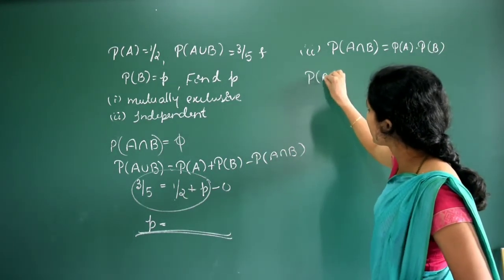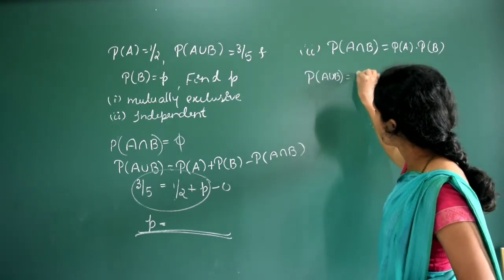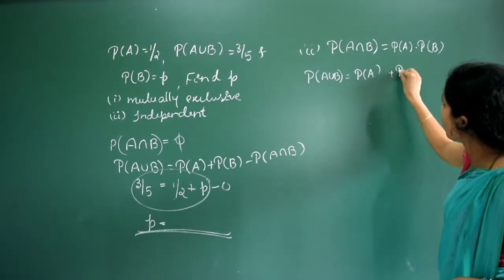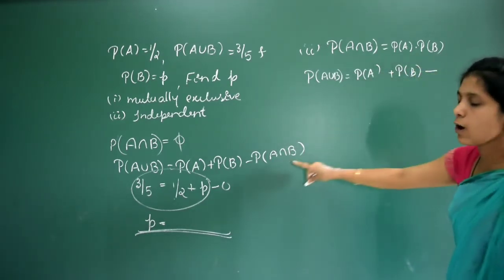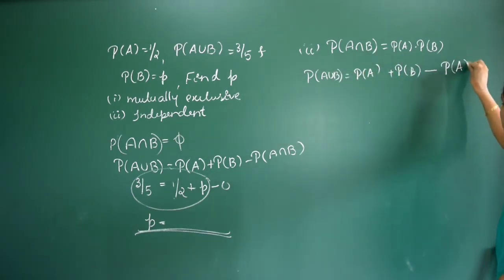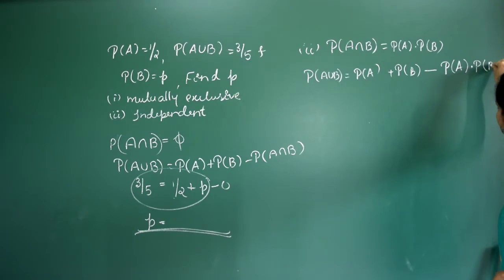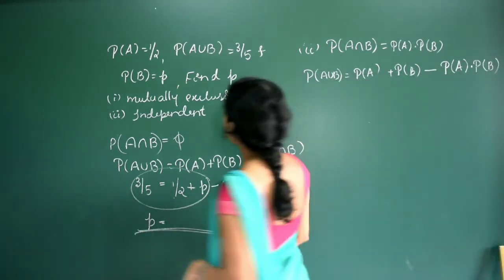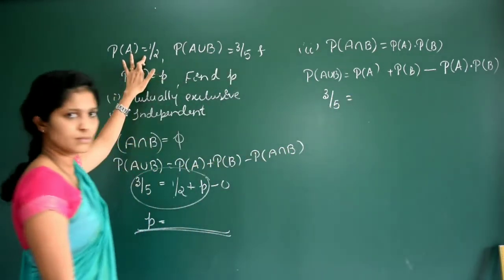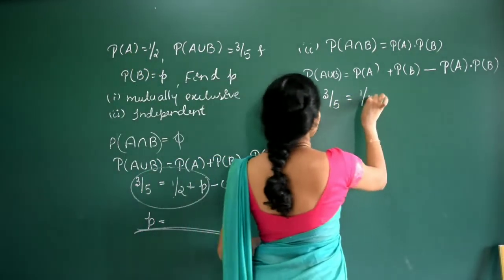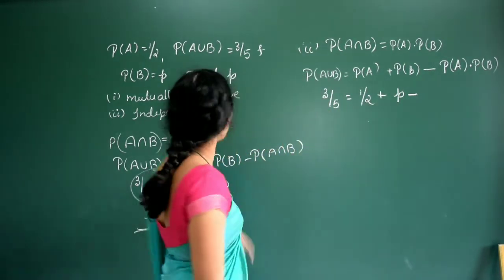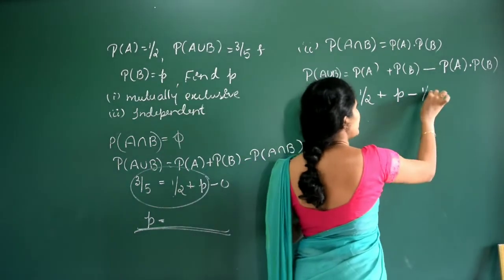So here what we can write, P of A union B is equal to P of A plus P of B minus P of A intersection B, which can be replaced as P of A into P of B, since they are independent. Now just substitute the values. P of A union B is 3 by 5. P of A is 1 by 2 plus P of B is P minus P of A into P of B. Again same values, 1 by 2 into P.